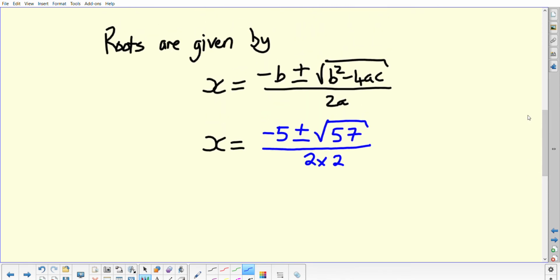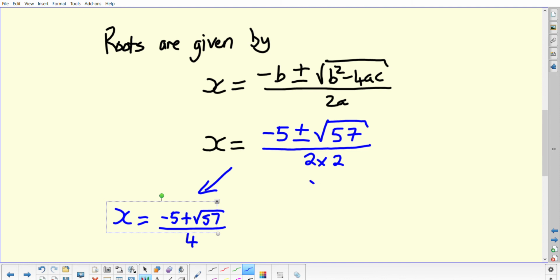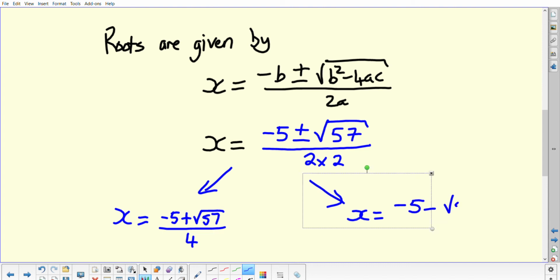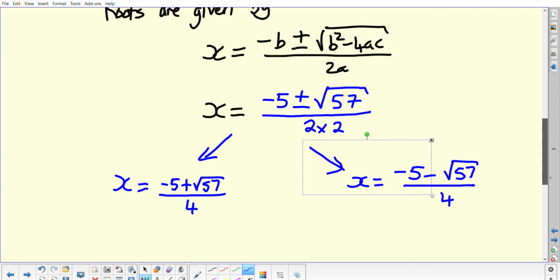Now at this point we can split this up into 2 solutions. We're going to have one where we are adding on the root. So the top of the fraction, you've got -5 add root 57 all over 4. Make sure that line covers the whole fraction. The other root value will be worked out by doing -5 minus root 57 all over 2a, which has got the value of 4.